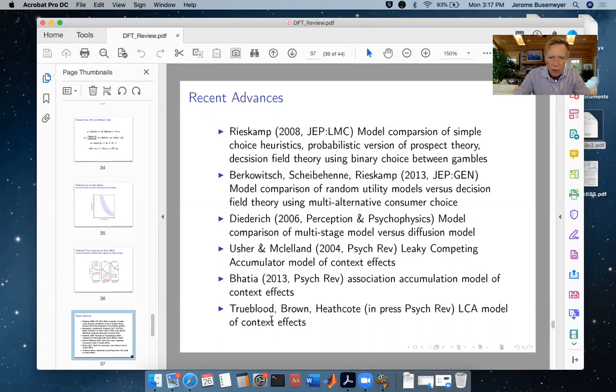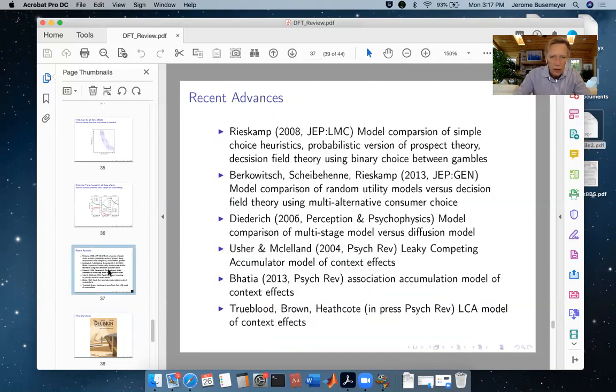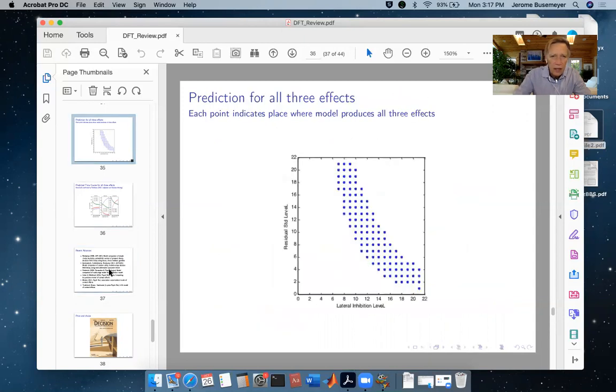These are all dynamic models, though. Jennifer Trueblood proposed a dynamic model. So after we proposed decision field theory to explain these effects, other models are now out there competing with us, and they can also explain these effects. So now everybody's doing research to try to compare these competing models. So that's the story so far.